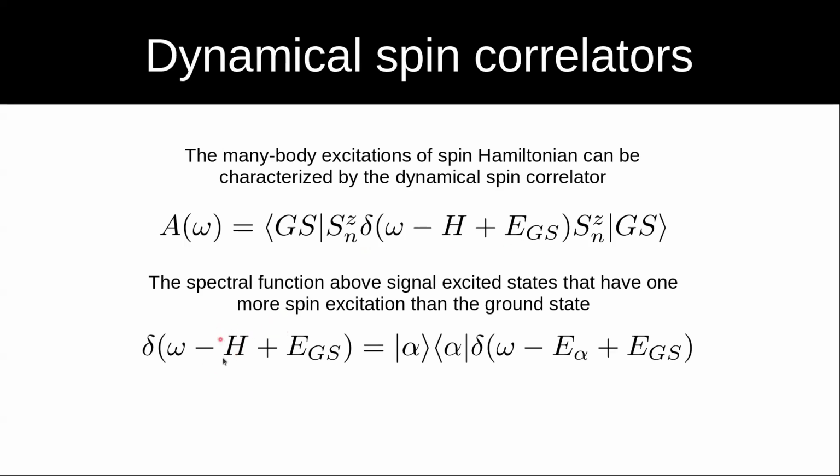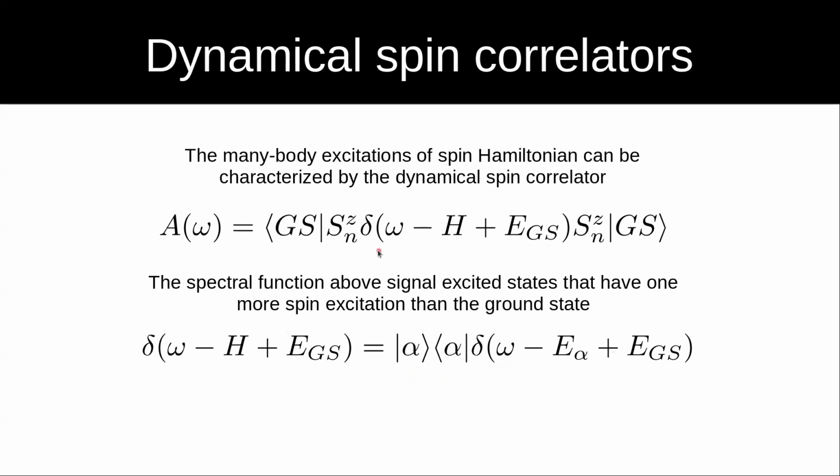So if you now take your Hamiltonian and you think how this object looks in the diagonal basis, what you actually observe is that you effectively have just an eigenstate of the many-body Hamiltonian, an eigenstate of the many-body Hamiltonian, and then a delta function of the frequency minus the energy difference between the excited state and the ground state.